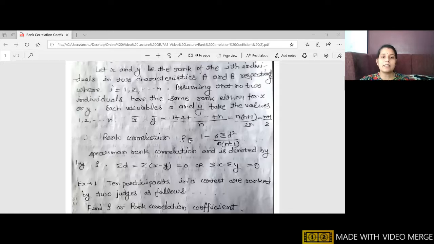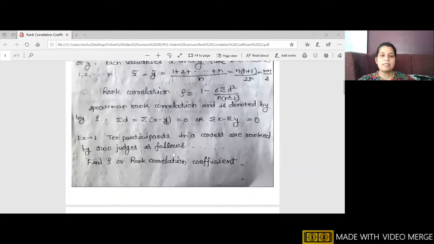But in our syllabus we write only rho is equal to 1 minus 6 summation d square divided by n in the bracket n square minus 1, where n is the number of terms. So the Spearman rank correlation is denoted by rho, and summation d, or summation of x minus y, here x and y meaning the ranks of x and y, is equal to 0.